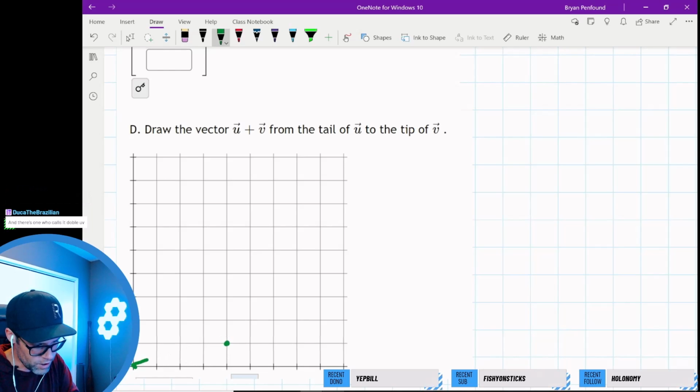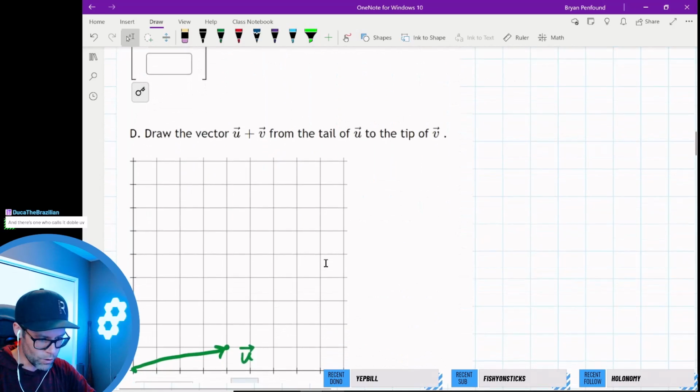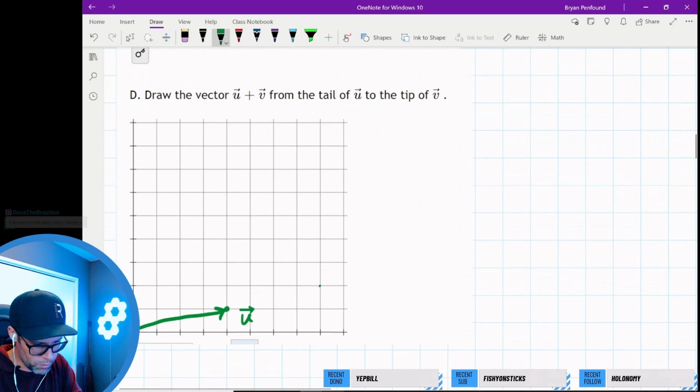So this should be vector u. And then we need 4 over 1 up with its tail at the tip of u. So 4 over 1 up would get us over here. So that's vector v.